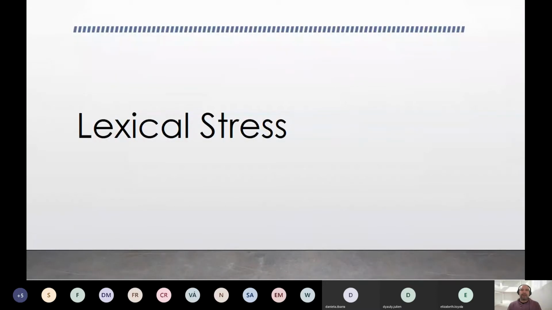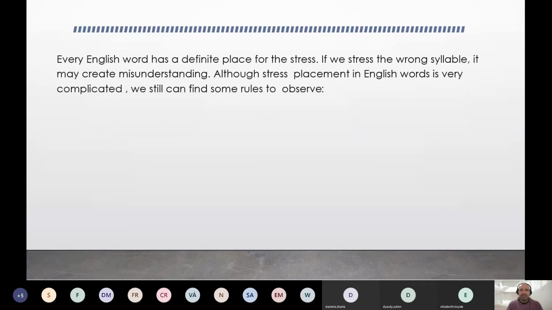Beyond the pronunciation of individual sounds, it is a matter of stress that is, according to some authors, one of the most important suprasegmental features that may affect or promote communication. So that's why this is very, very important.